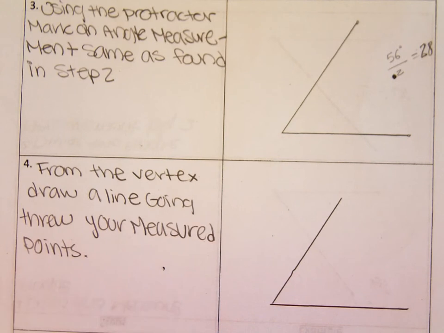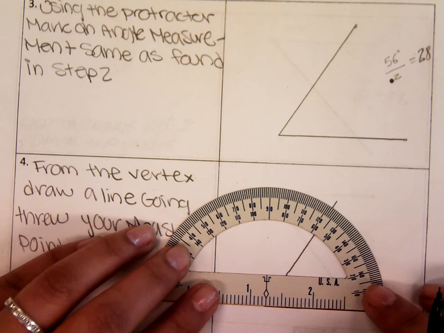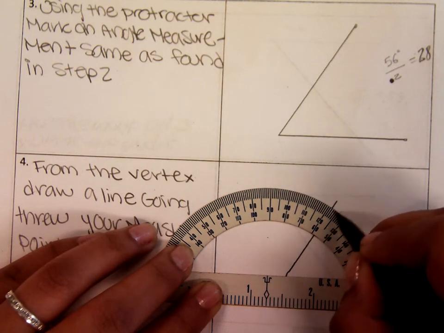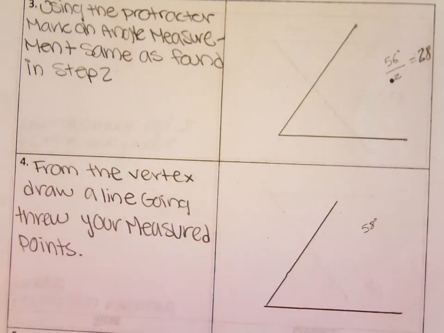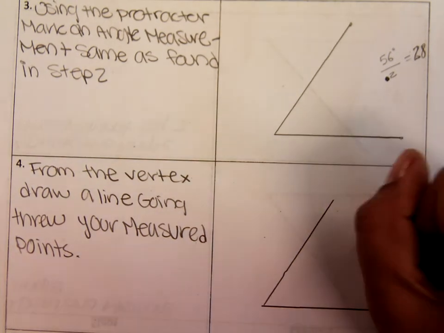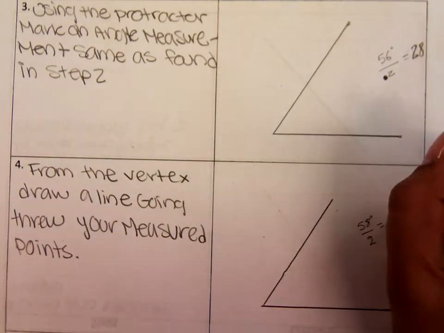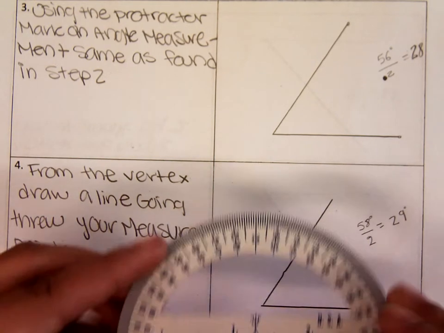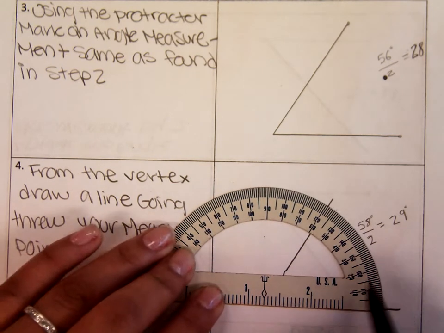She's going to measure her angle, which was step 1. Step 2 was she divided the angle by 2. For step 3, she's going to mark the angle she found in step 2.